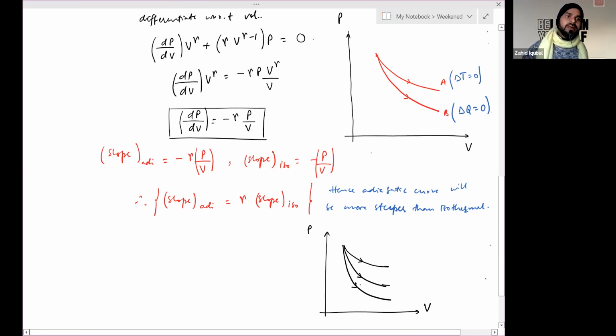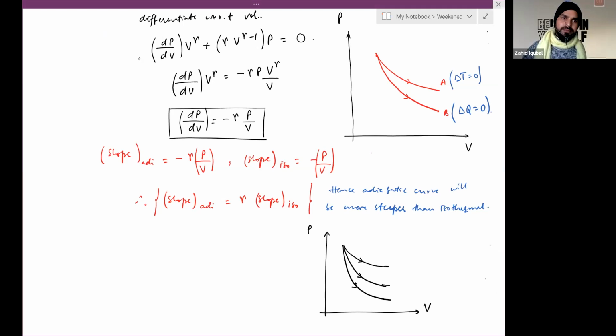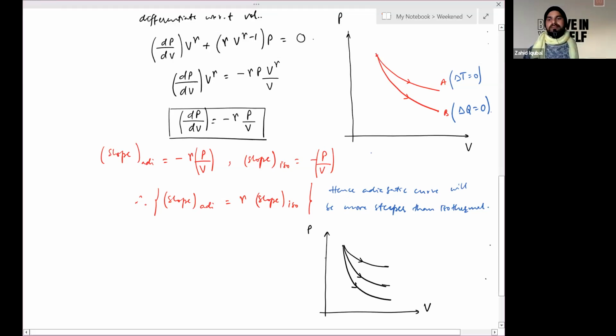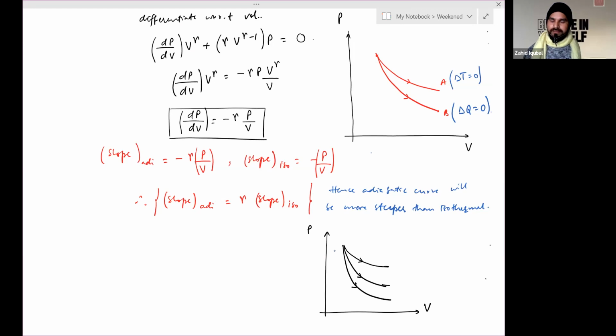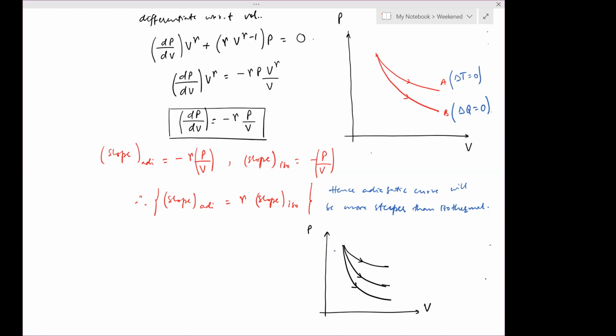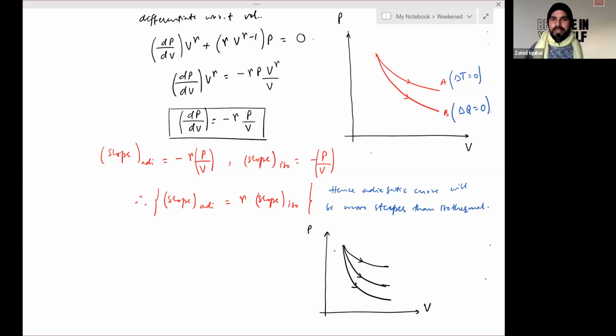So Maya, just tell me, for which gas gamma will be maximum? Saifullah? Yes. For which gas gamma is maximum? C. No, I'm just asking for monoatomic, diatomic, triatomic.